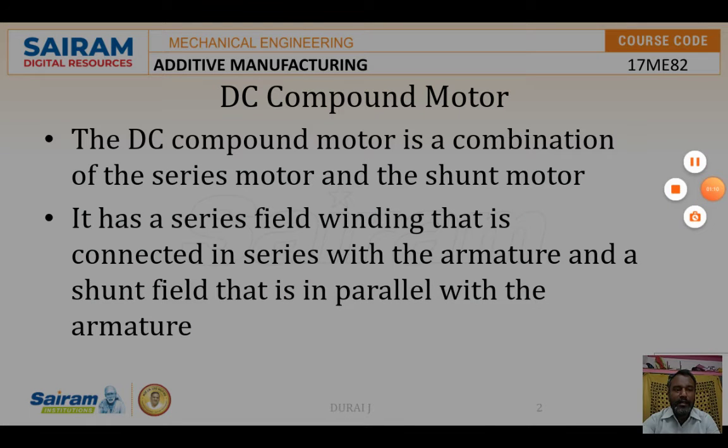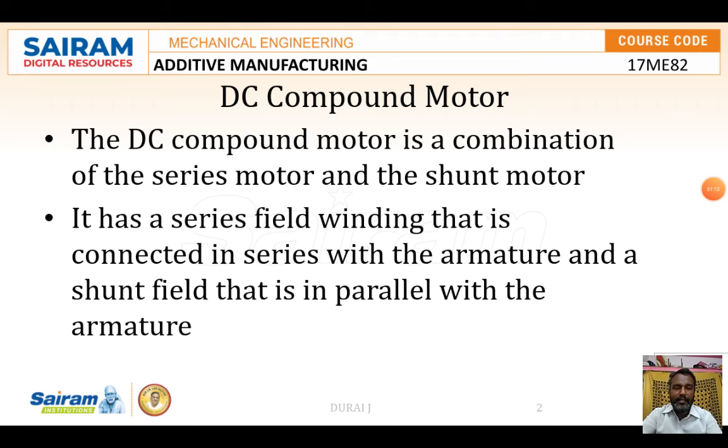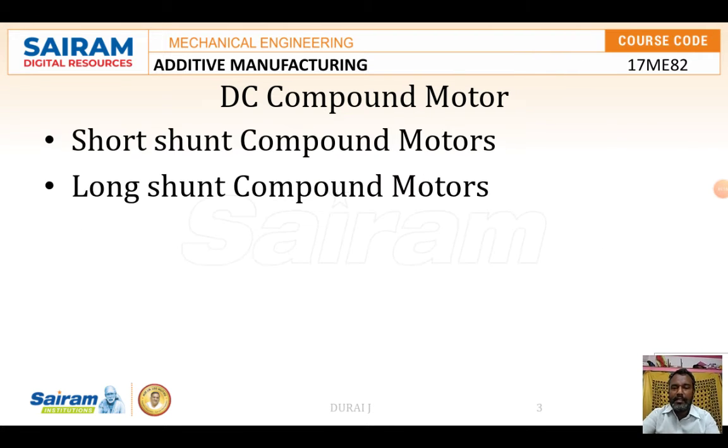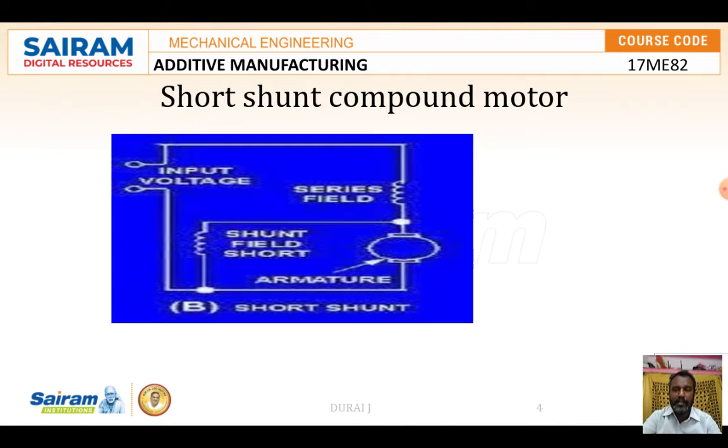Here the DC compound motor has two types: the short shunt compound motor and the long shunt compound motor. First we are going to discuss the short shunt compound motor.